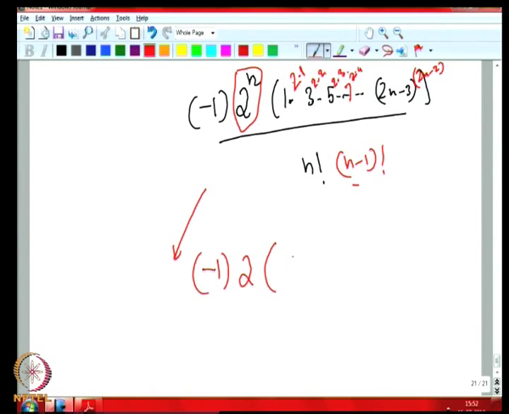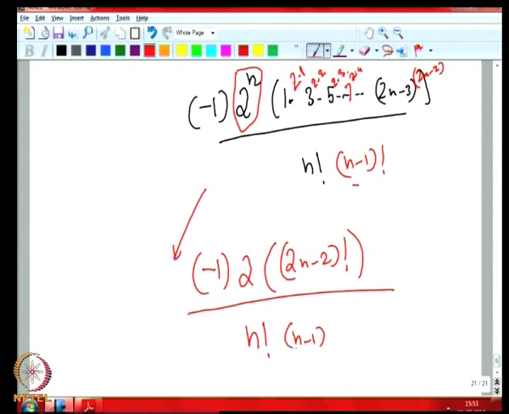So, therefore, we have above 1 2 3 4 5 6 7 till 2n minus 2, that is 2n minus 2 factorial above, right, and below we have n factorial into n minus 1 factorial, right. So, this we can separate out.